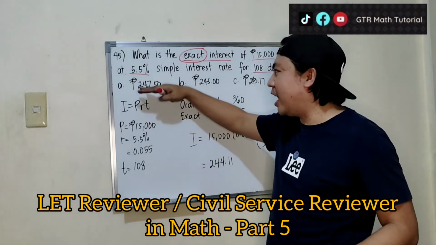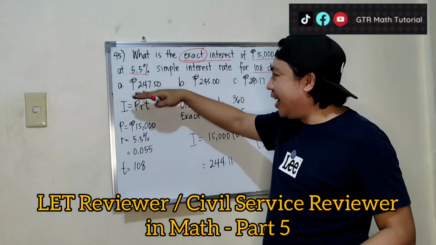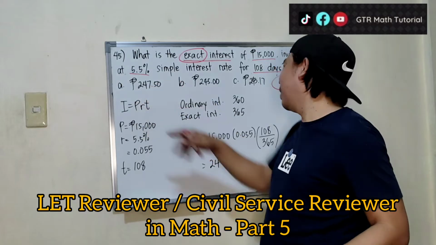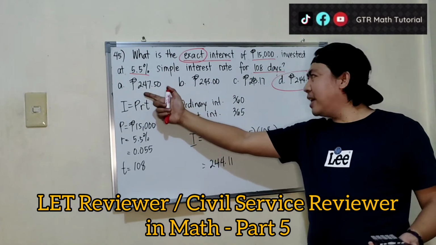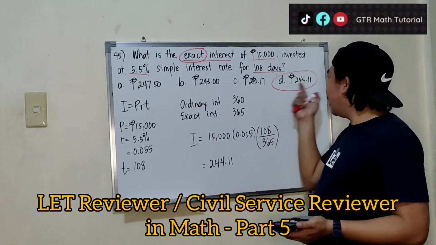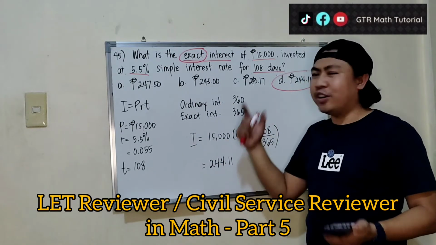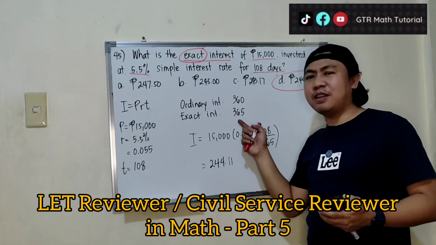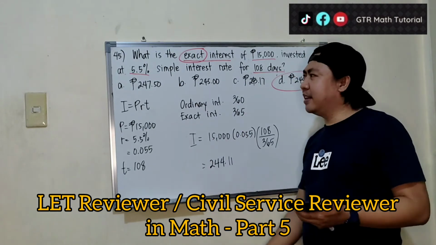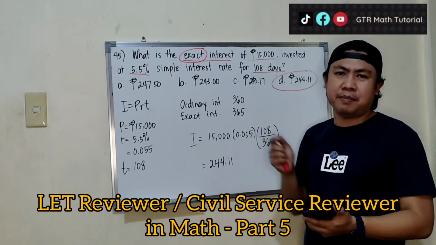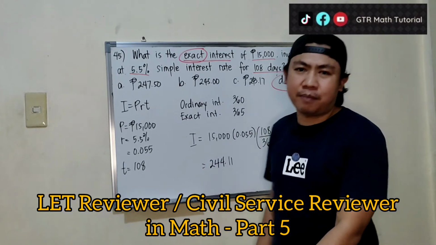Kaya nilagay ko sa choices yung letter A, para pampalito. Pag 360 ang ginamit nyo, kita nyo na mas malaki, 247, sa exact interest, 244 lang. Okay, so again, pag exact, 365 ang ating divisor, kapag days ang given. Kapag years naman ang given, wala na tayong problema dyan. Okay, so next example, number 46.